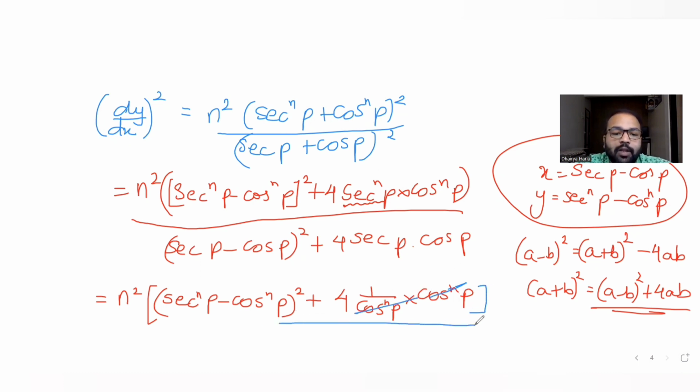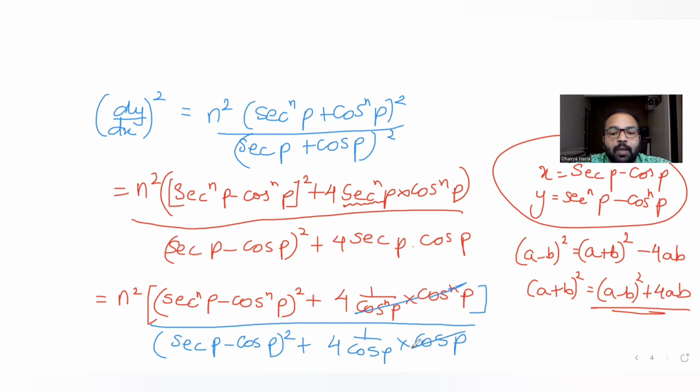I'll close the bracket. The denominator also has sec p minus cos p the whole square plus 4. Again, sec p I can write as 1 upon cos p. This also gets cancelled, and again you're left with plus.